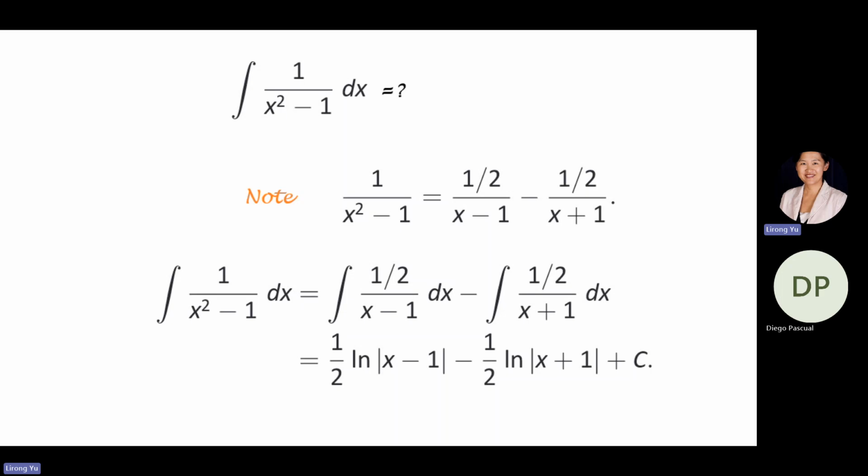Each one of these, you bring the coefficient 1/2 to the outside. It is 1/2 integration of 1 over x minus 1 dx. Integration of 1 over x minus 1 is natural log of x minus 1. The two are very similar. This second integration, you bring the 1/2 to the outside. You have 1 over x plus 1.